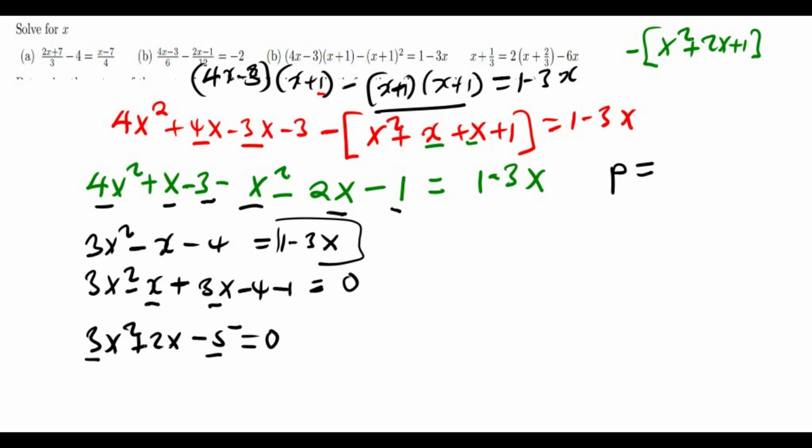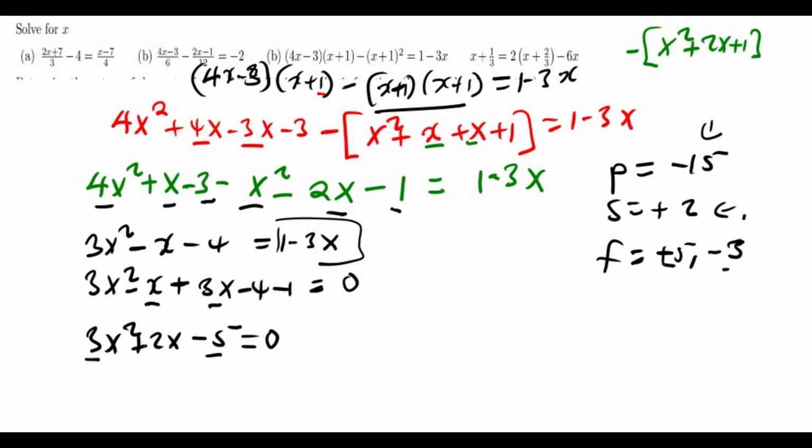The product is negative 15, then the sum is positive 2. What are the factors? So the factors will be positive 5 and negative 3. Positive 5 times negative 3 is negative 15. Then if I add this and that, it will give me this. So these are the product.